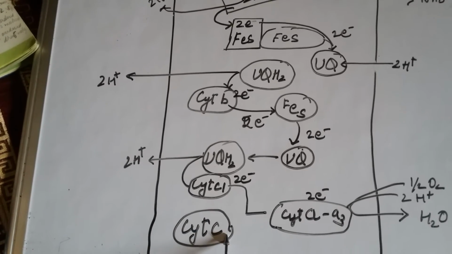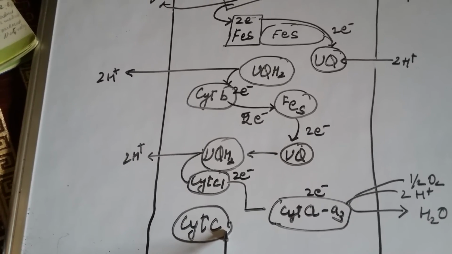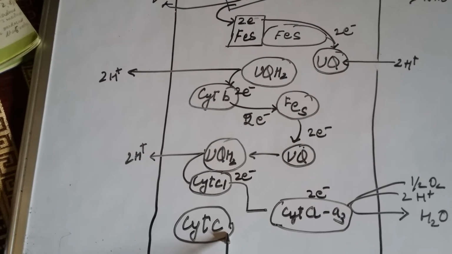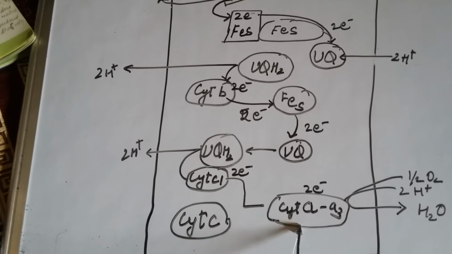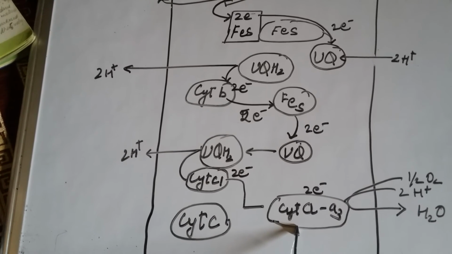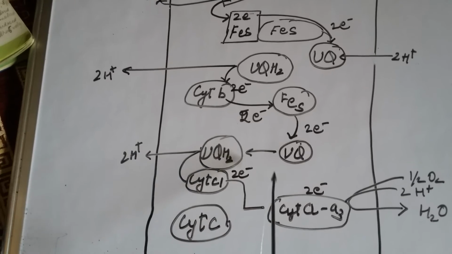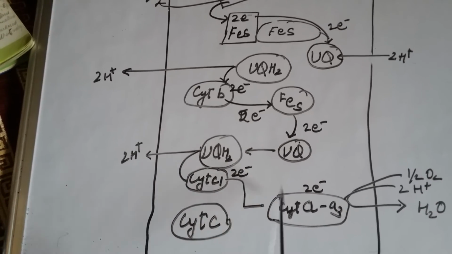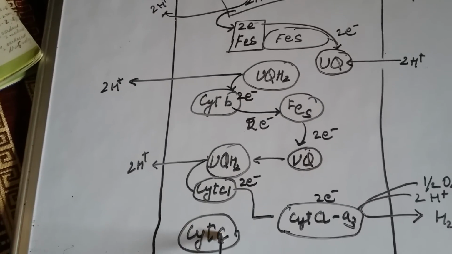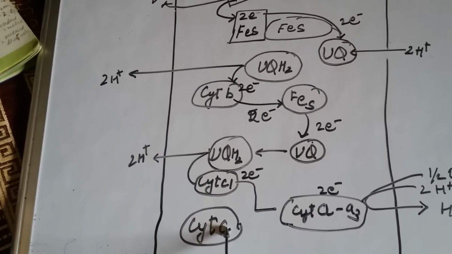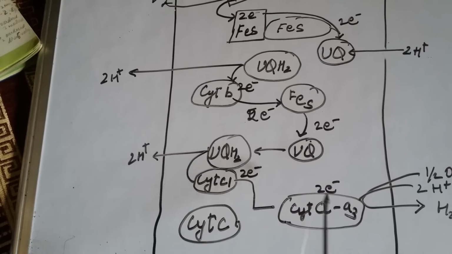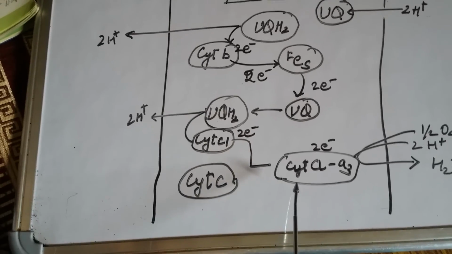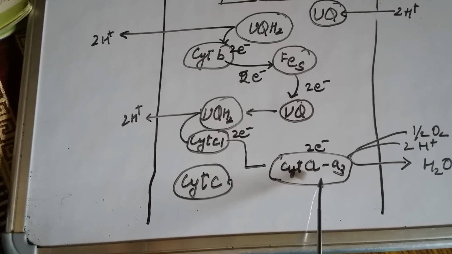Complex 4 is the cytochrome c oxidase complex containing cytochrome a and cytochrome a3, with 2 copper centers. When the electrons are passed on from one carrier to another via complex 1 to complex 4 in the electron transport chain, they are coupled to ATP synthase for the production of ATP from ADP and inorganic phosphate.